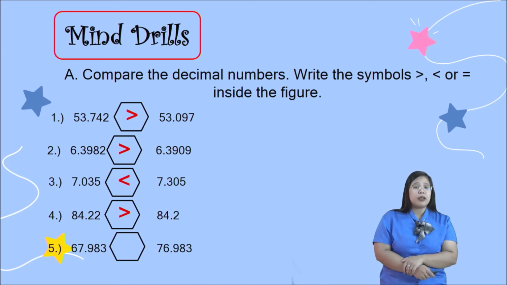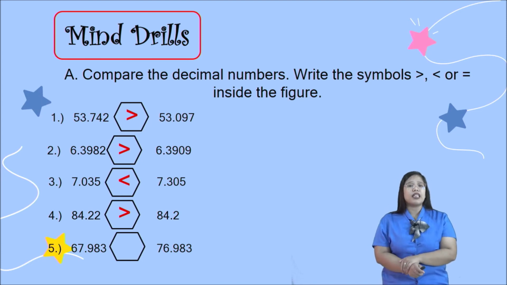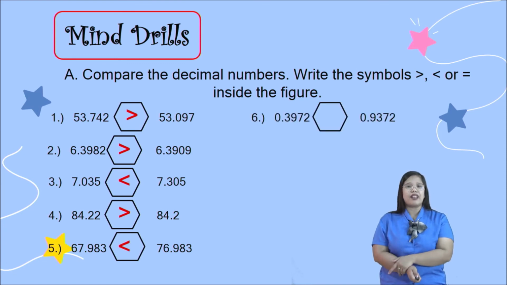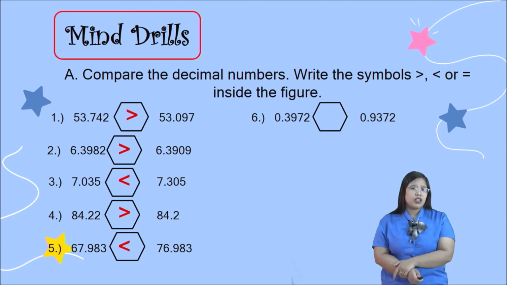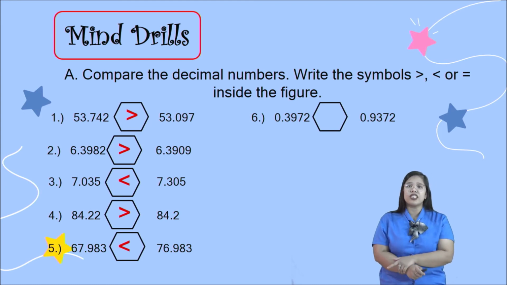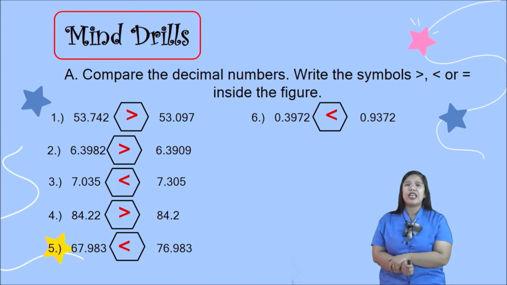For number 5, we have 67 and 983 thousandths, 76 and 983 thousandths. So the answer will be less than. For the sixth one, we have 3,972 ten thousandths and 9,372 ten thousandths. The answer will be less than.